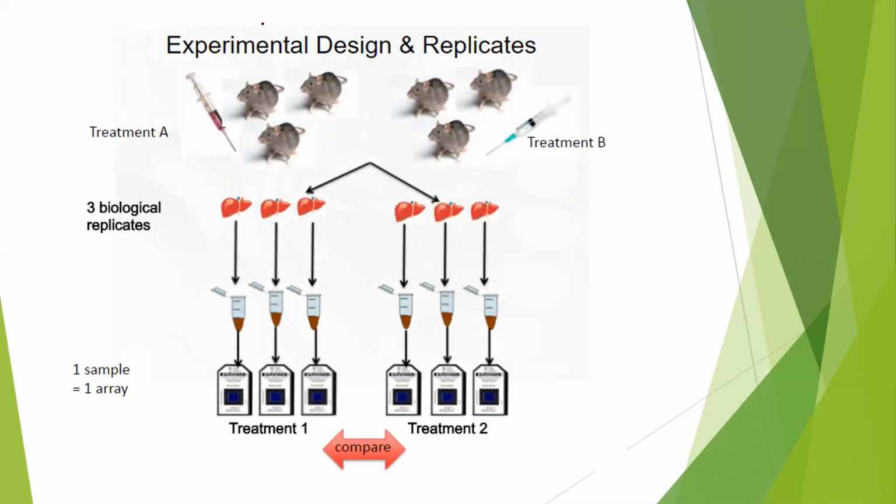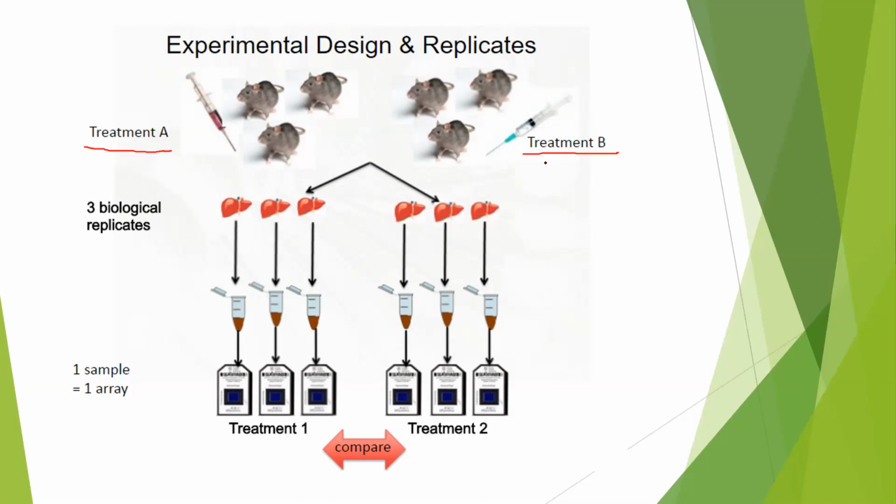This is a very simple example here. Suppose we have two groups. Group 1 is treated by treatment A, and group 2 is treated by treatment B. Or you can think of it as two groups, case and control. The control is the normal sample, and the case means the treatment or the diseased sample.